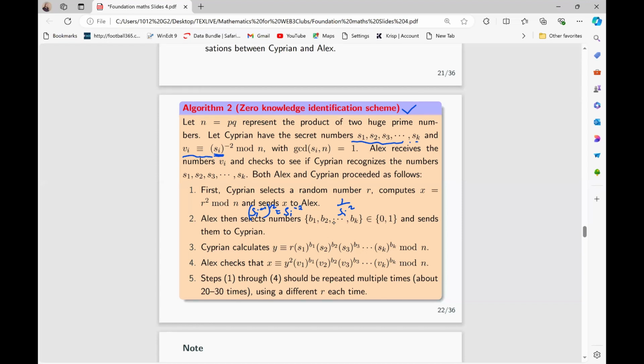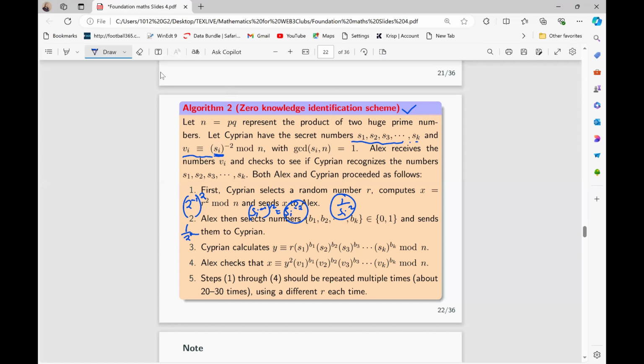And you know what an inverse is? The inverse of 2, for instance, is 1 out of 2. So if it's this inverse and you're raising it to 2, it's the same as 1 out of 2, raised to 2. I just want us to know what this means before we proceed with the algorithm.